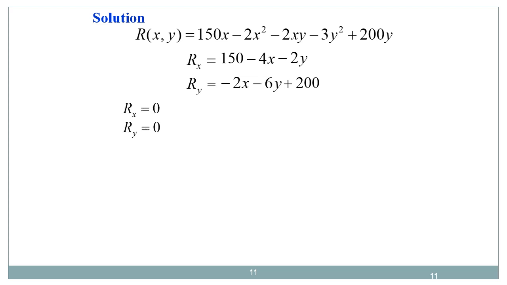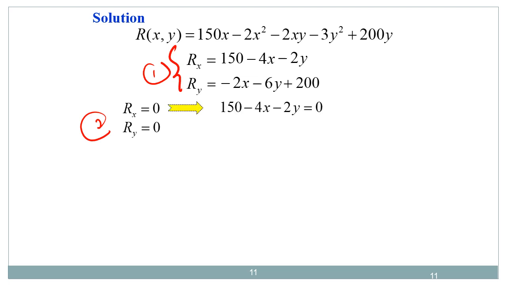After we find R sub x and R sub y, the first step, we equate them with 0. Then we need to solve the two equations: 150 minus 4x minus 2y equal to 0, and negative 2x minus 6y plus 200 equal to 0.